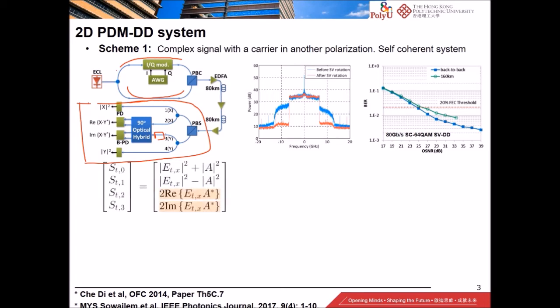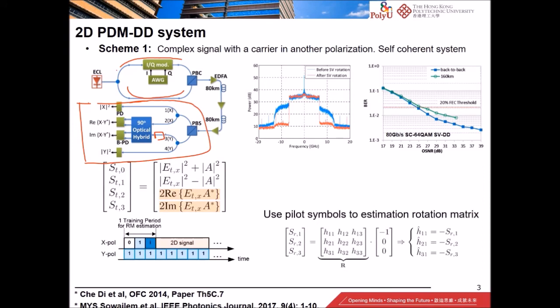So this is the Stokes vector at the transmitter, and as we have discussed previously, we would need to estimate the rotation matrix so that we can recover the transmitted Stokes vector from the received Stokes vector. The way we can do it is by using regular pilot symbols. In this case, one can send just 3 pilot symbols that exploit the principal axes of the Stokes space.